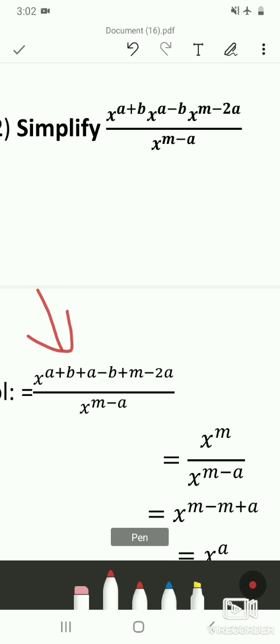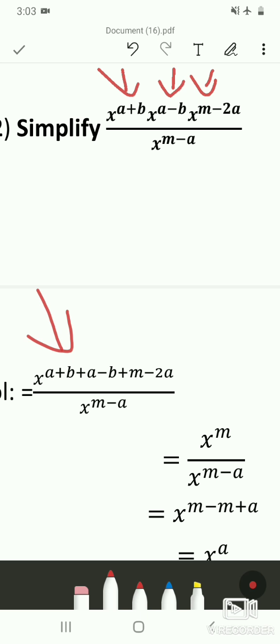So here the base is x, so we are adding the powers, that is x raised to a plus b, this term, plus a minus b plus m minus 2a whole divided by x raised to m minus a.